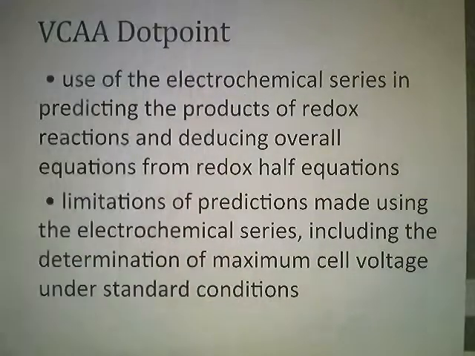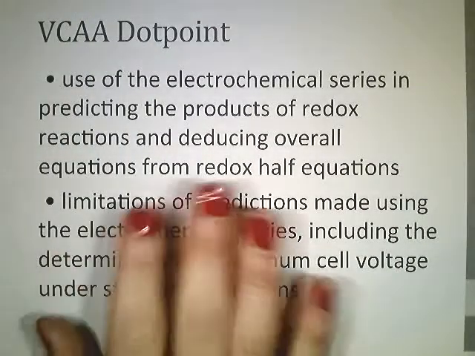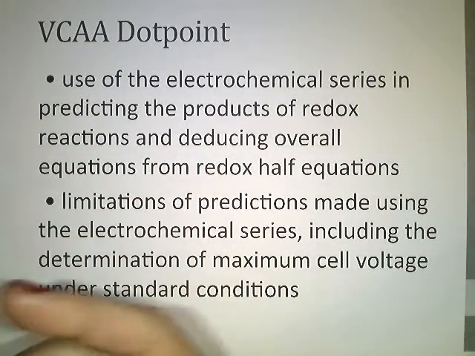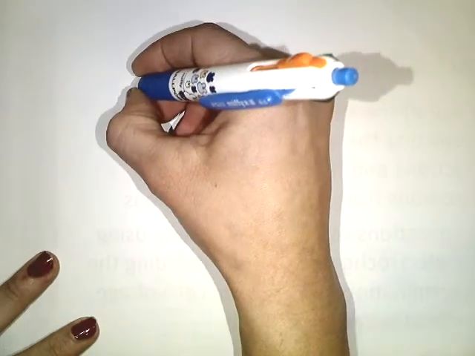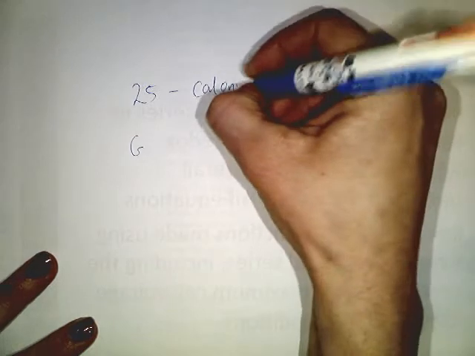Okay, welcome to the revision session on galvanic cells and electrolysis. We'll start off with a prelude, where we first looked at chapter 25, which talks about calorimetry.